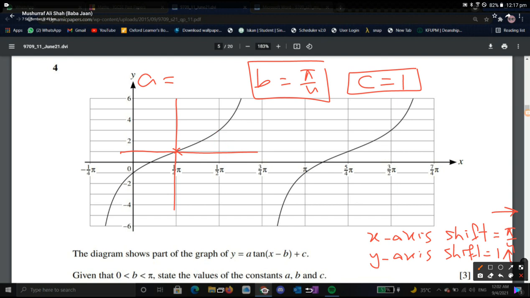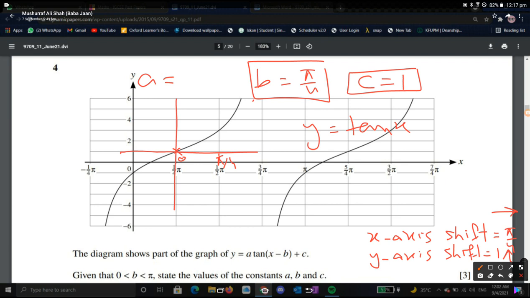For the normal graph y = tan x, at pi by 4 it gives you 1, because this is 0 and this is pi by 4. But now it's not giving 1, it's giving 2. How much is this height? 2. So the normal graph gives 1, but it's 2 now. This height is 2. So how much is this stretch? 2 times stretch.